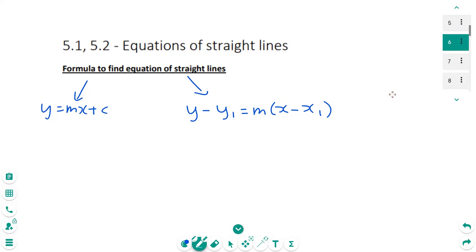Well, you need two things. You need a point, a pair of coordinates, which we call x1 and y1. That pair of coordinates will go into here.